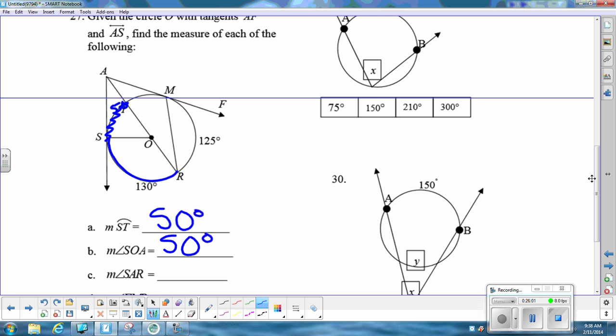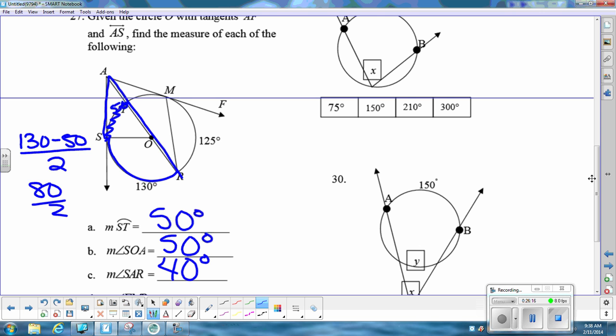SAR. Well, outside the circle, we know that's big arc minus the little arc, so 130 minus 50, and that's 80. Divide that in half, we get 40 degrees.